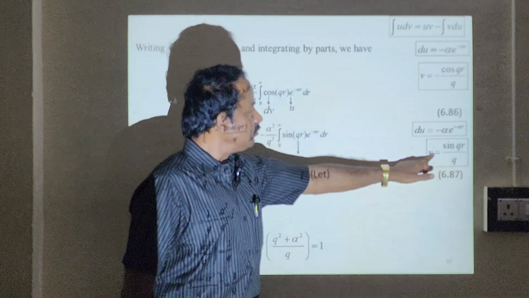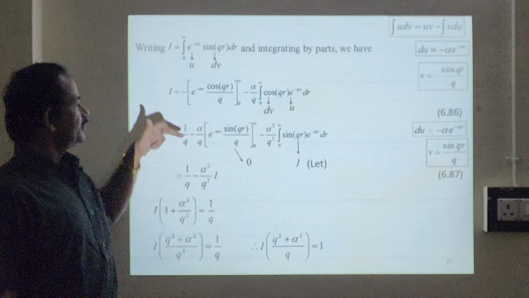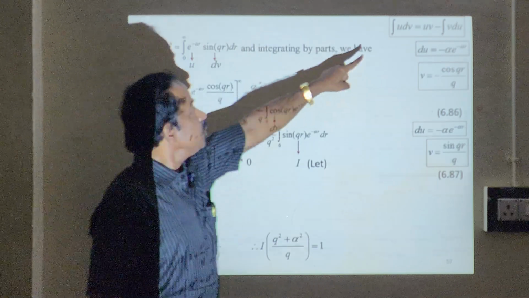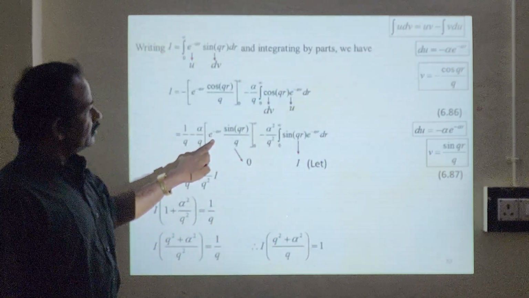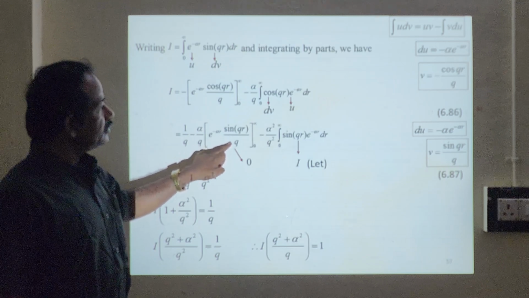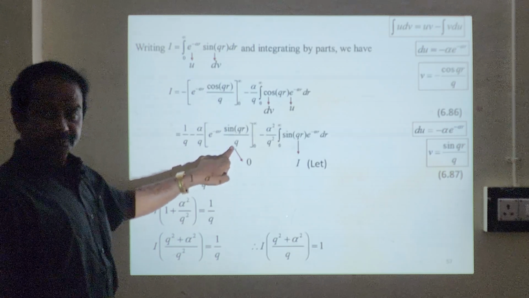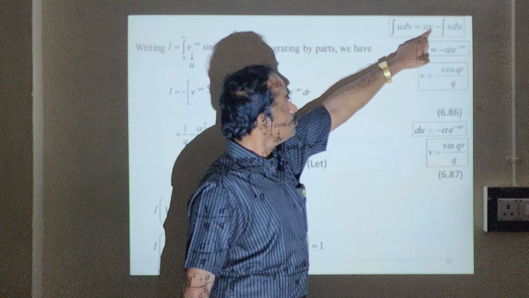So integrate, that will give you V equals sin QR by Q. Again substitute. So we have minus alpha by Q. This is your U, and this is your V, which is equal to sin QR by Q, from 0 to infinity. Is it okay? This part is over.